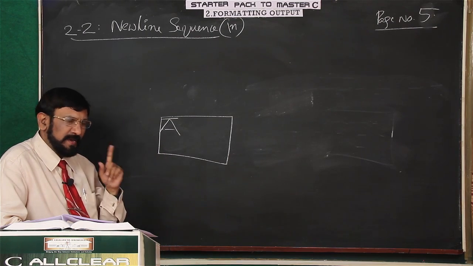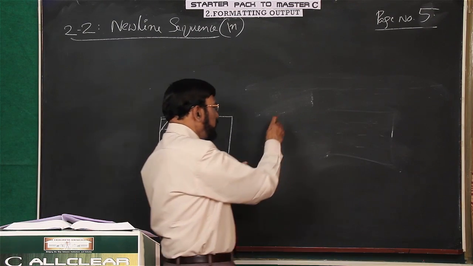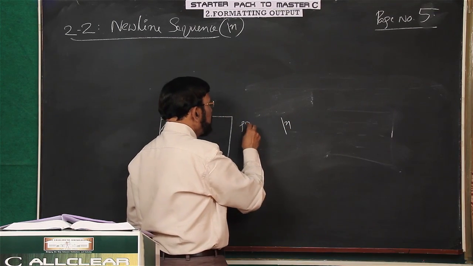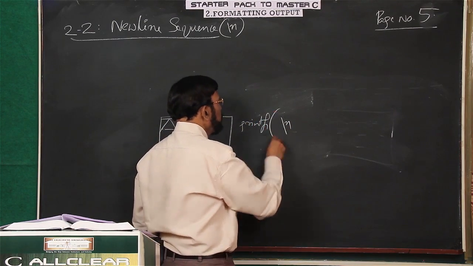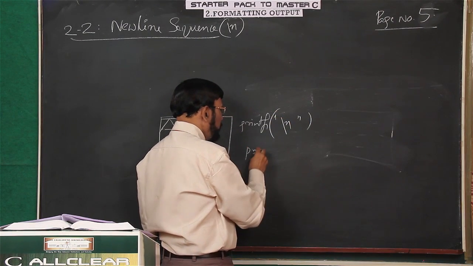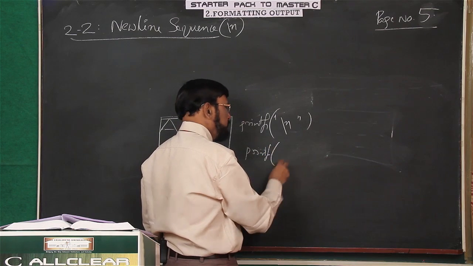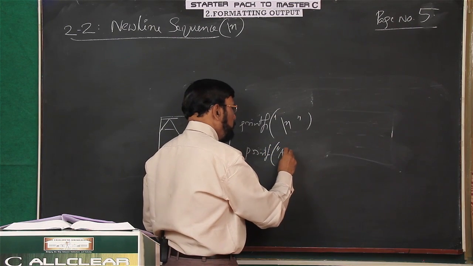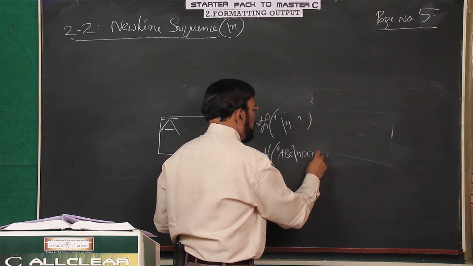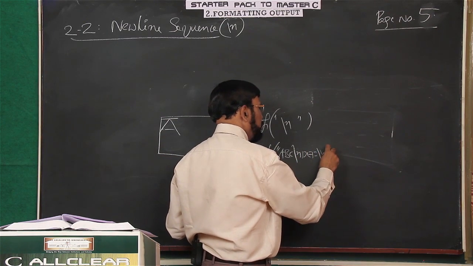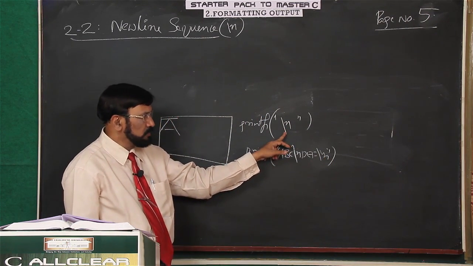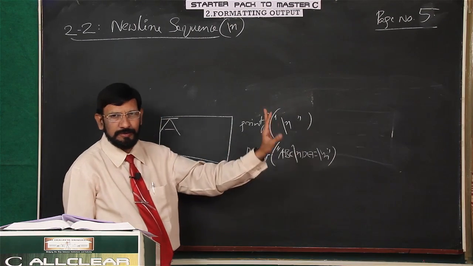And once again, I am telling you, these newlines should not be written outside. Within the printf string only you have to write, not outside. If you want to insert between other characters, it's not a problem: A, B, C, newline, D, E, F. Like that, you insert, nothing wrong. The only thing is, the newline sequence should not be written outside; then it leads to error.